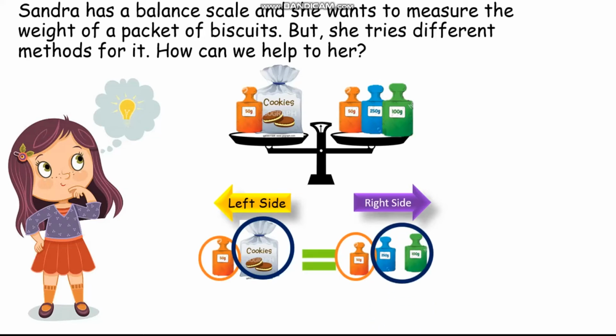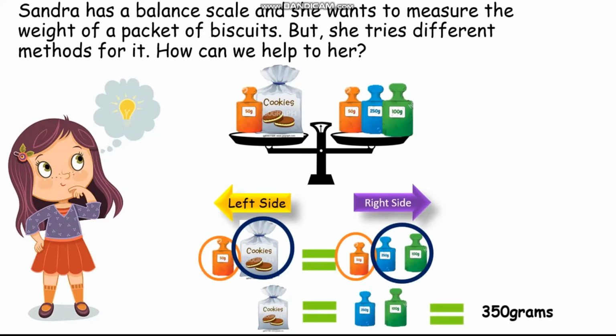So the weight of cookies equals the addition of two weights, which is 350 grams. Yes, we found the weight of the cookies. But let's examine the other cases that Sandra established.